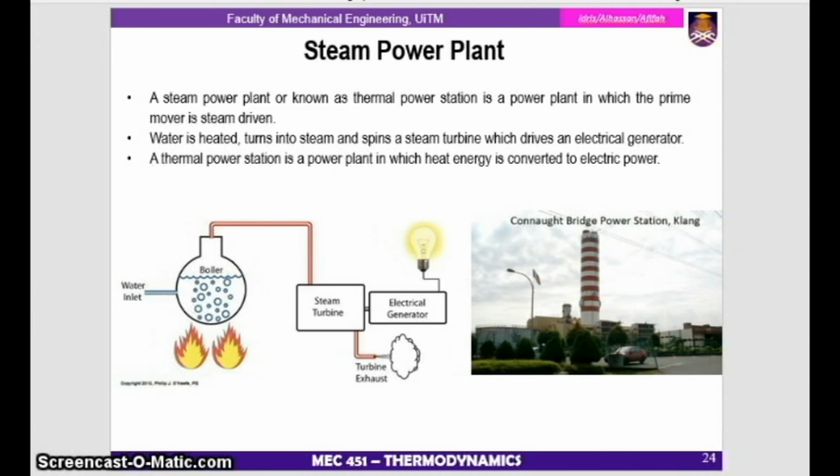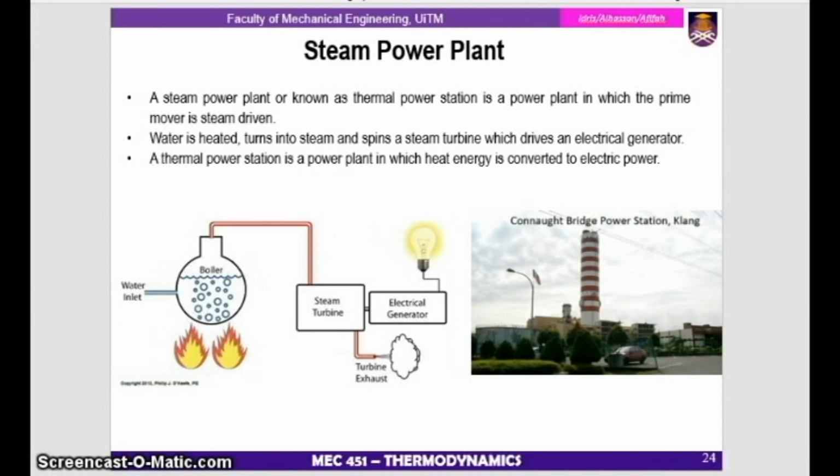And number two, you should also know how to calculate and do the analysis based on the actual Rankine cycle. Okay, let's go about steam power plant.